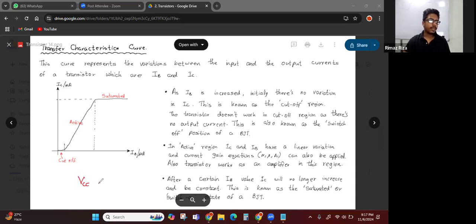You can say VCC or sometimes VCE, the voltage across the collector emitter terminal.